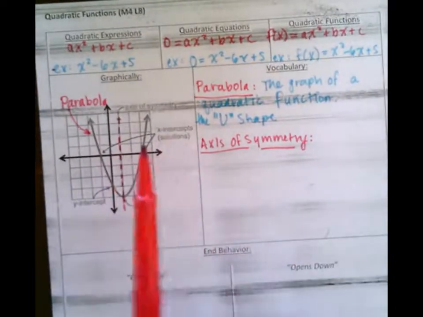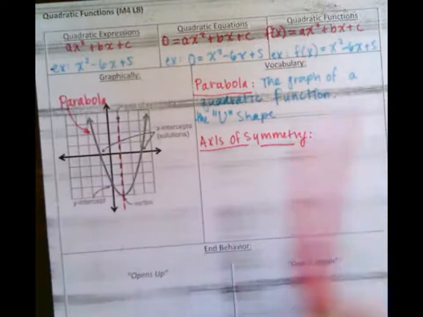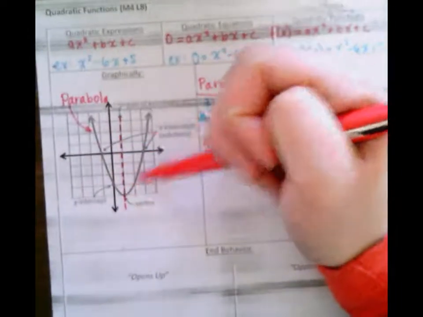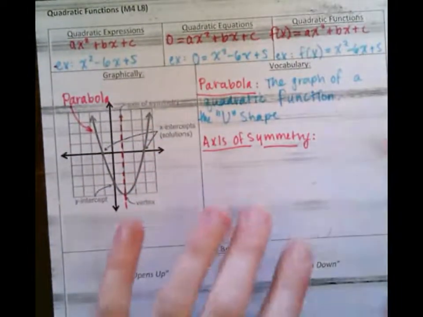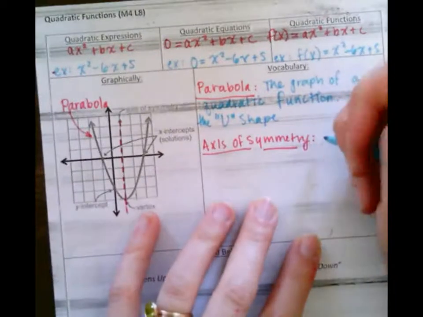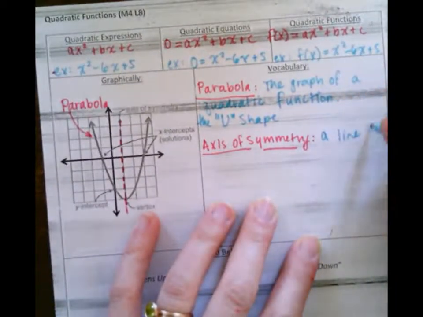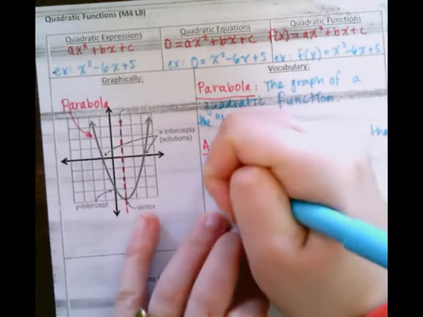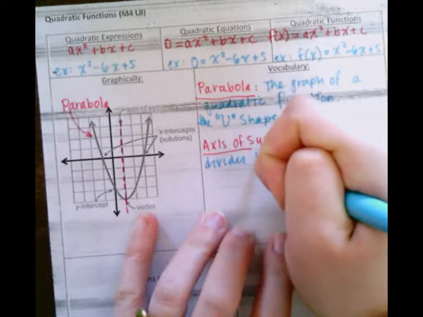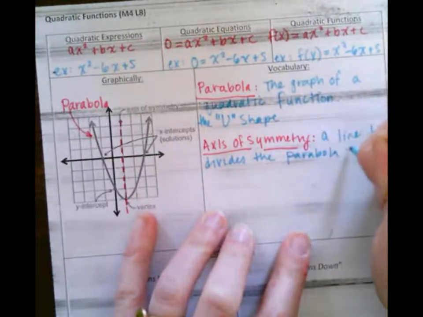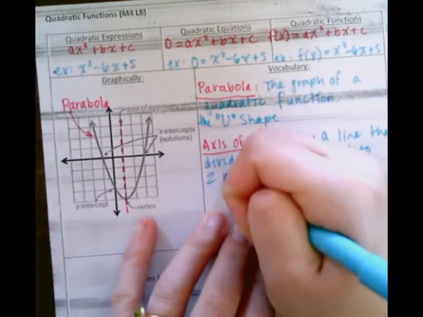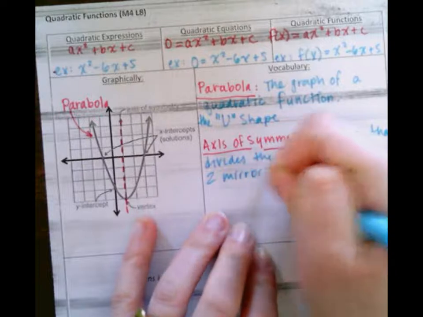If we were to fold our piece of paper along this line, the left-hand side would match perfectly to the right-hand side. In terms of a definition, we say the axis of symmetry is a line that divides the parabola into two mirror images.